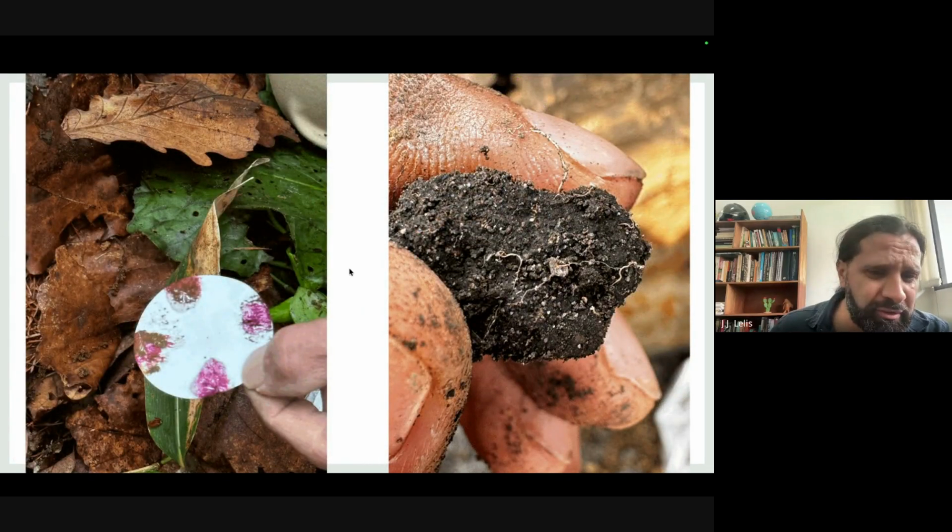I already showed you these photos, these vitric properties with these white dots that are vitric, ash from recent volcanic activity.